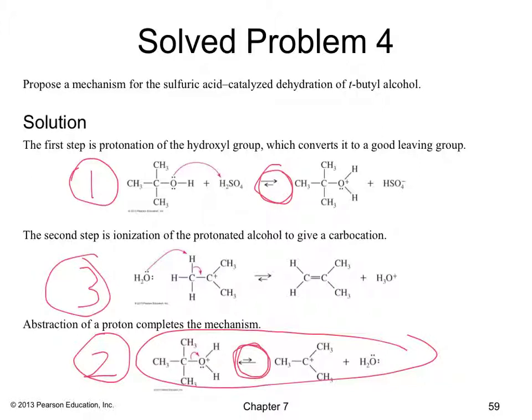That's going to come, pluck off, and quench the bond. Again, this is going to be in one direction. So rather than two-way arrows, I'm going to cross that out. It's going to go only in one direction. So now I've corrected it, to form the alkene and protonated water.